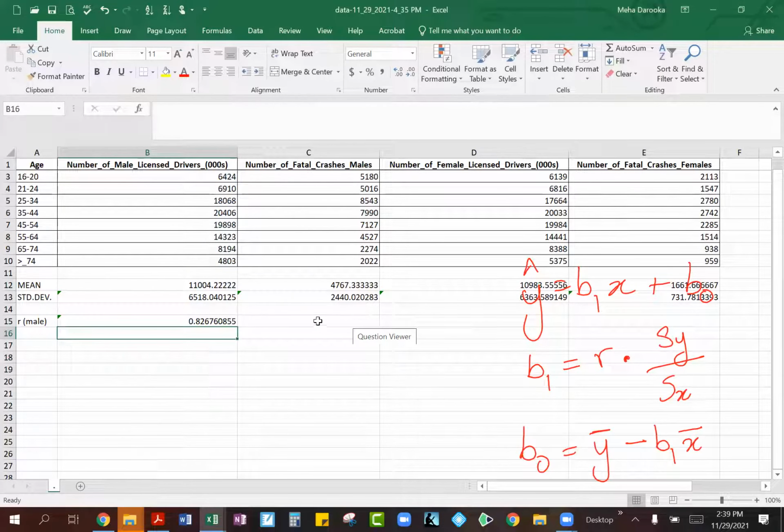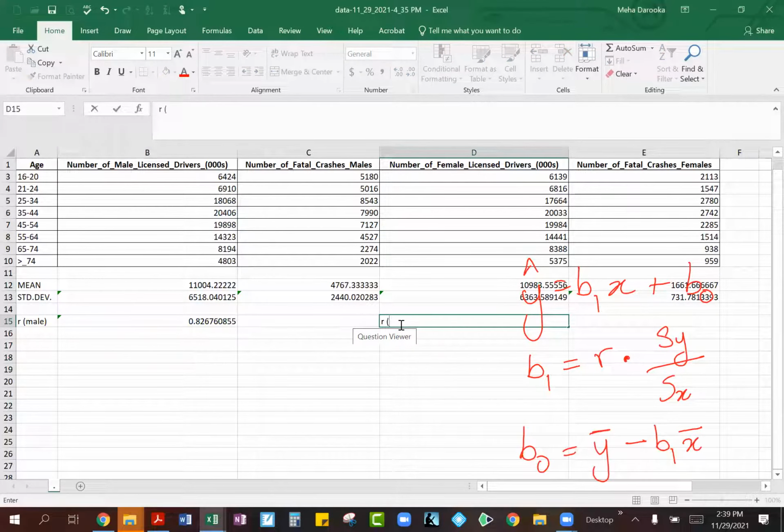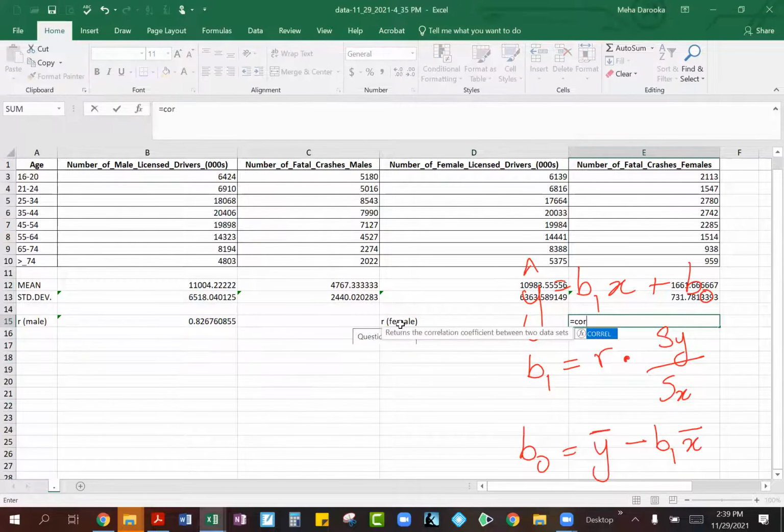And then we'll need to repeat the same process for the females. So our coefficient for females, so CORREL. And then same thing, the first array will be the licensed drivers. And then the fatal crashes will be the second array.